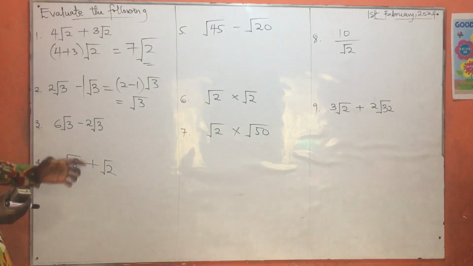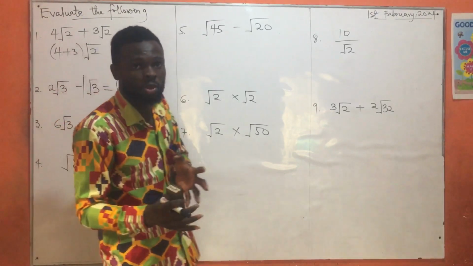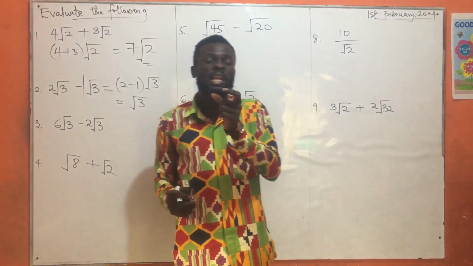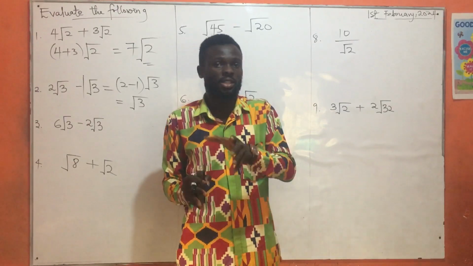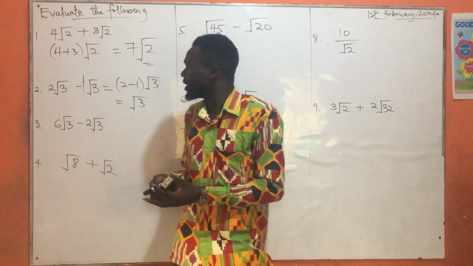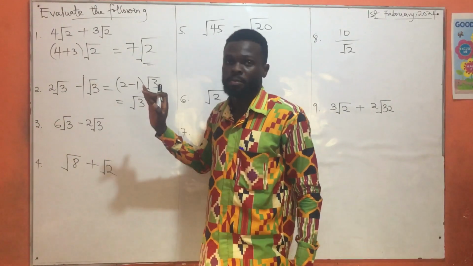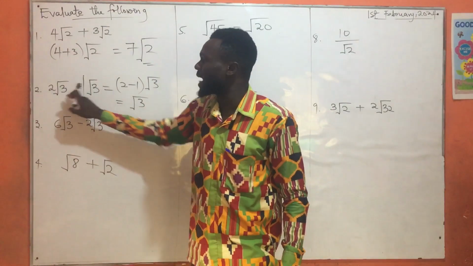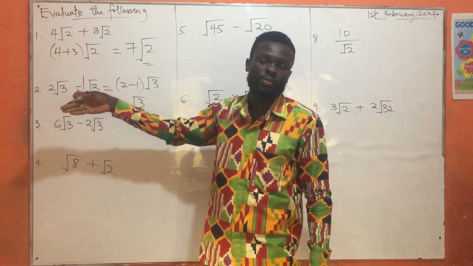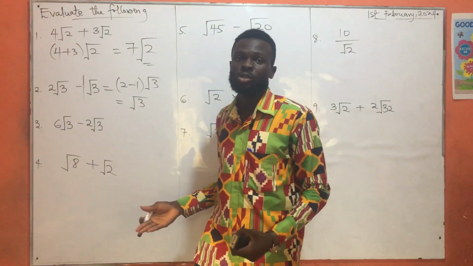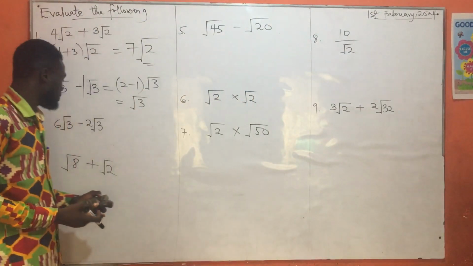So all you should know is that we can only perform addition and subtraction of surds if the surds are the same. If the surds are the same, you can add the coefficient or subtract the coefficient of the surd. Then you evaluate your results.